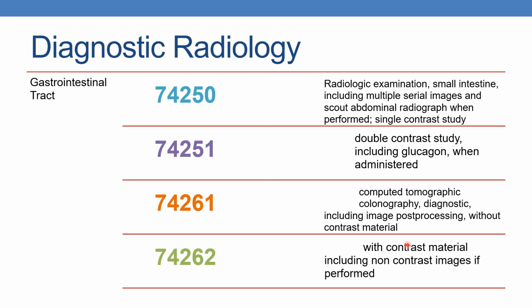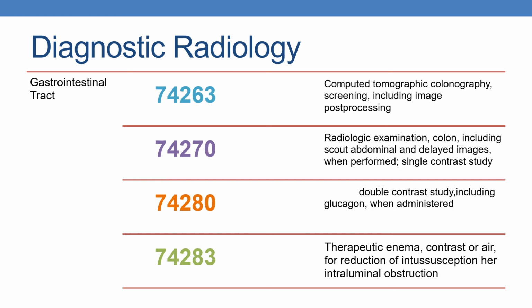74262 is nothing but CT colonography with contrast, including non-contrast images if performed. The next CPT is 74263, which is nothing but CT colonography screening, including image post-processing.